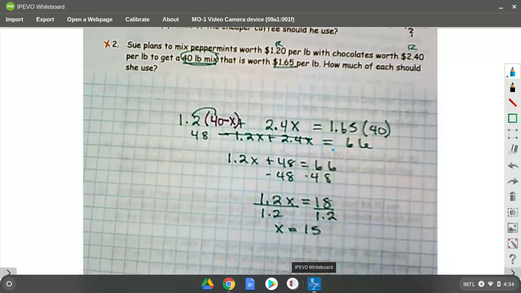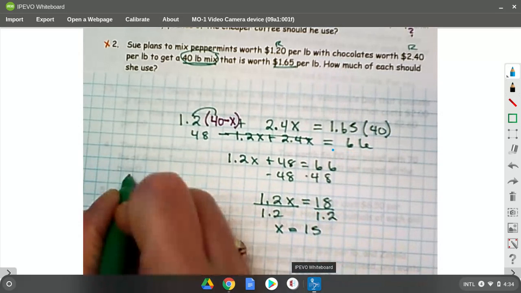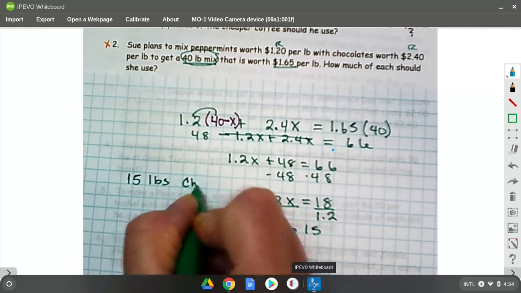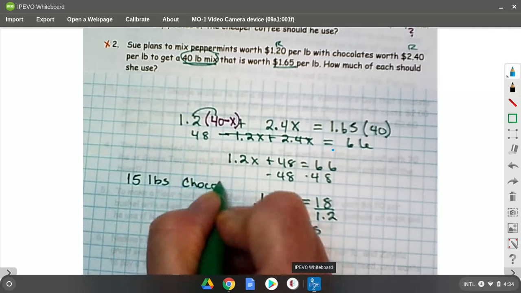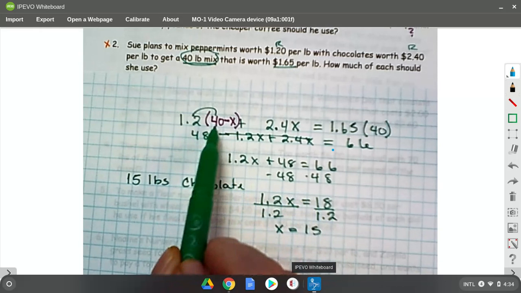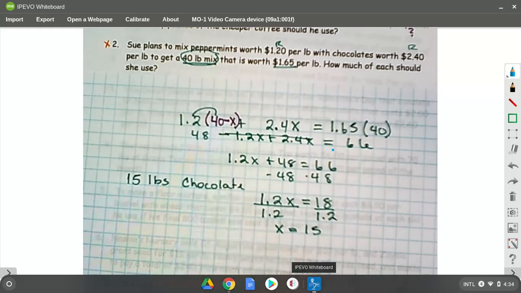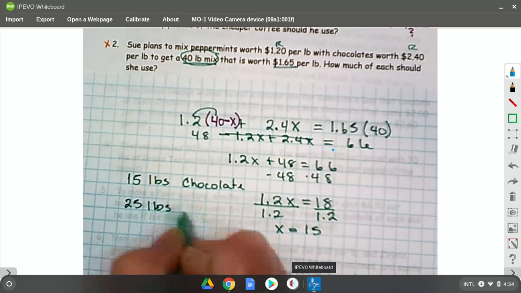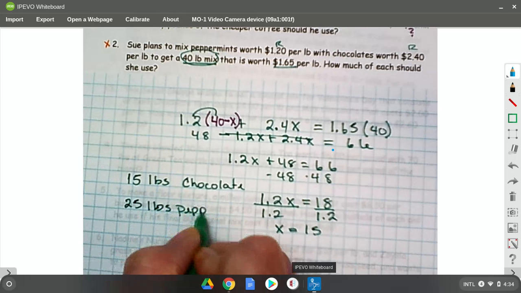So that's my chocolates, right? So I need 15 pounds of chocolate. And remember, my peppermints then were the 40 minus the X. So 40 minus the 15 is 25 pounds of peppermints.